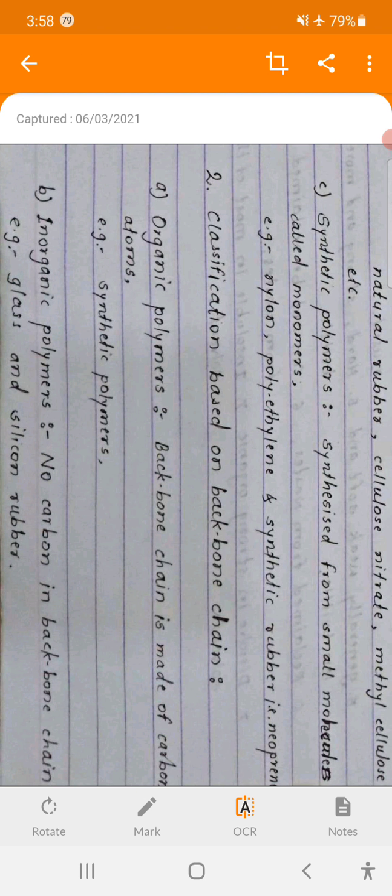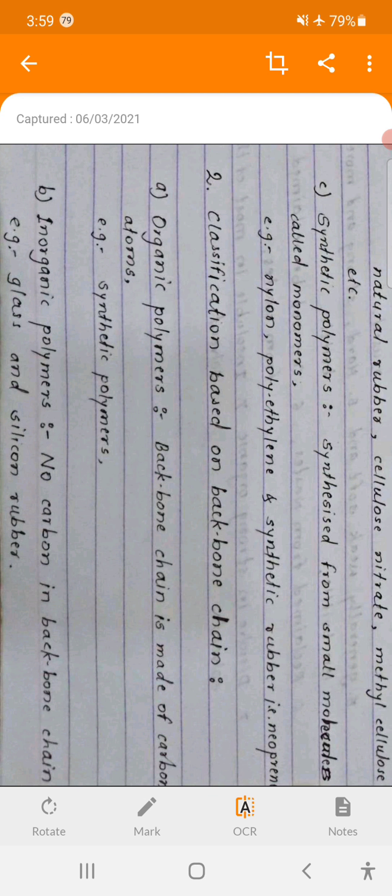Then the next type is classification based on backbone chain. Based on backbone chain, polymers are classified as organic polymers and inorganic polymers. In organic polymers, the backbone chain is made up of carbon. Carbon is an organic material, therefore these polymers are known as organic polymers.